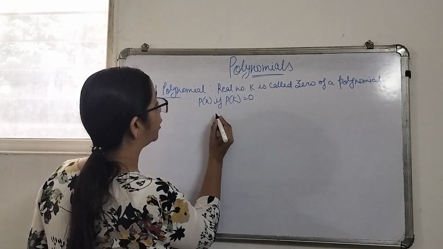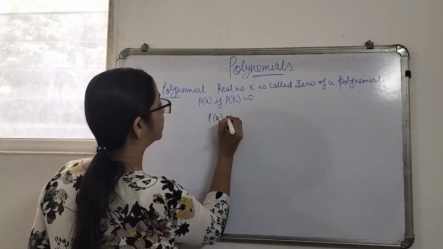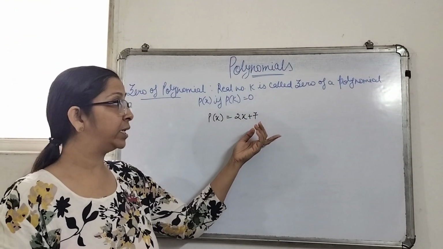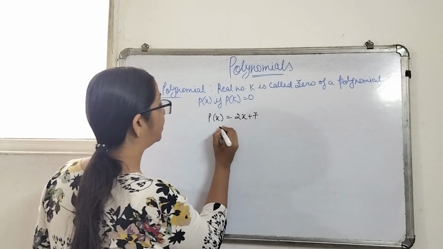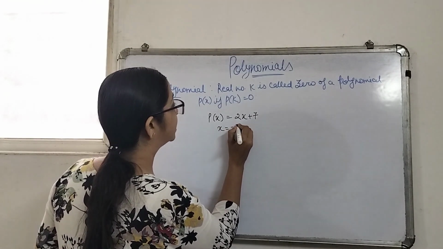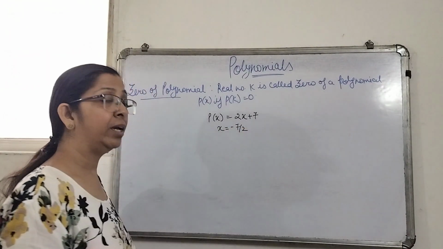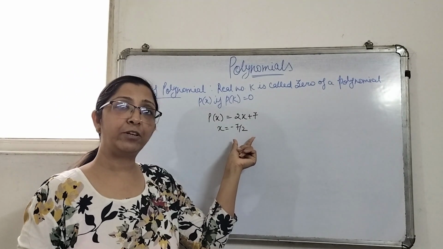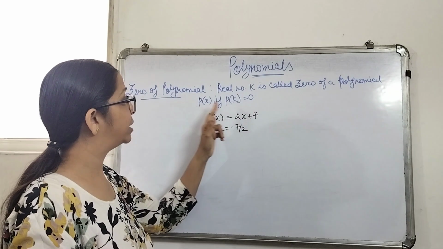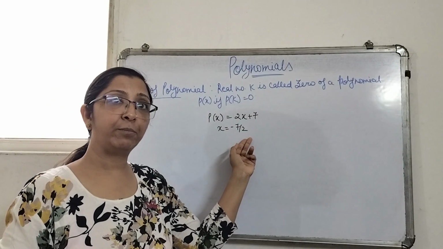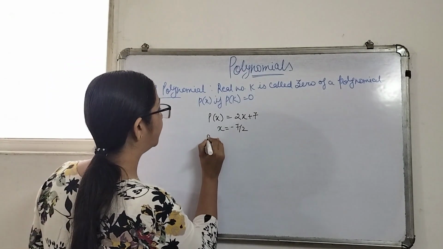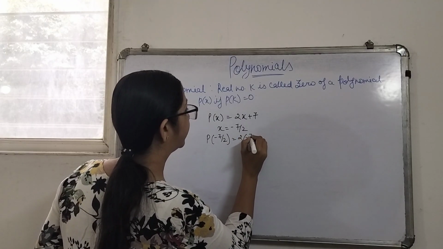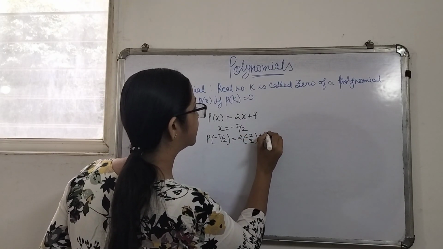Suppose the polynomial in x is 2x + 7. If we keep x = -7/2, which is a real number, so suppose the value of k here is -7/2. If we replace x by -7/2, what value will come? p(-7/2) will be 2 times -7/2 plus 7.